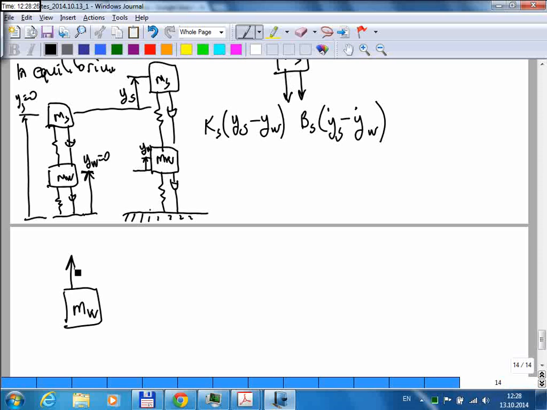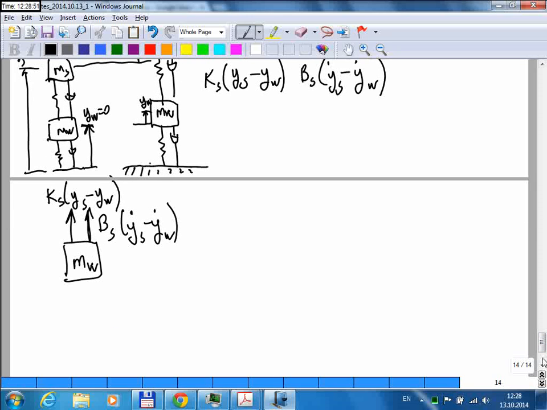So the same spring force here acts on the lower mass in the opposite direction. Similarly, the same damper force appears here in the other direction. And then there are two additional forces.